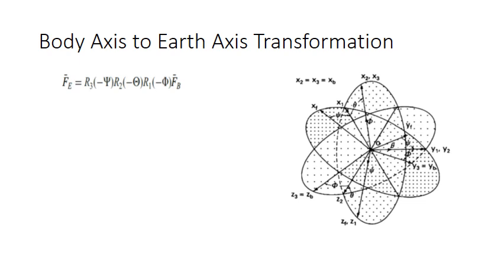For these orthonormal transformation matrices, note that R1 with minus phi equals R1 transpose with the same phi. R2 with minus theta equals R2 transpose. R3 with minus psi equals R3 transpose with the same psi.